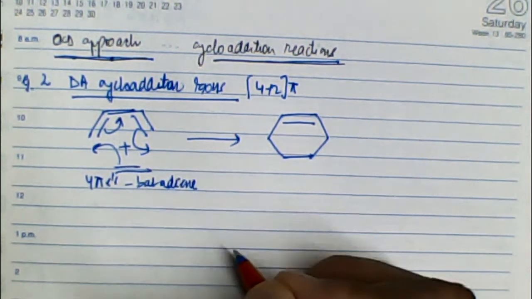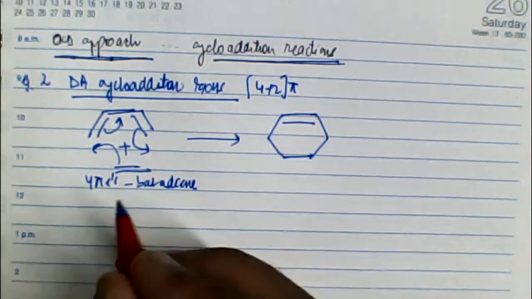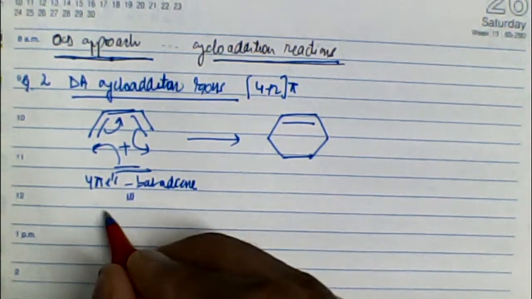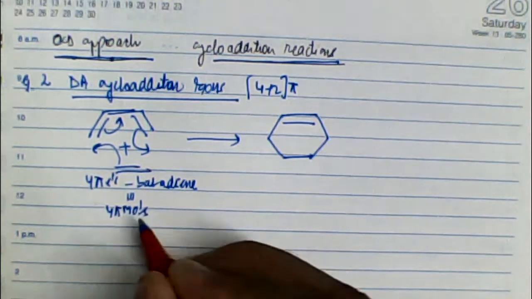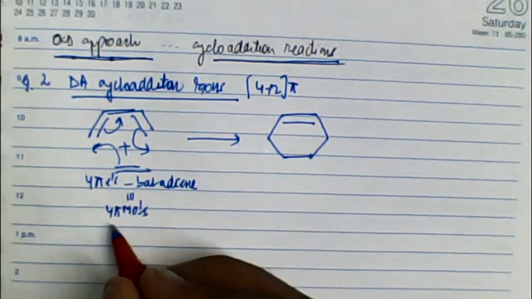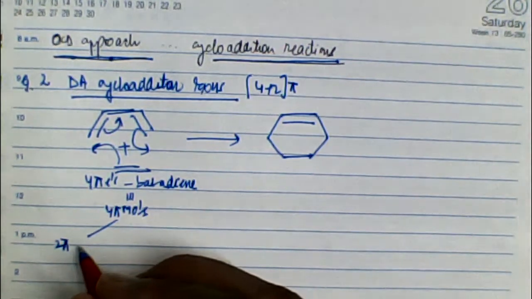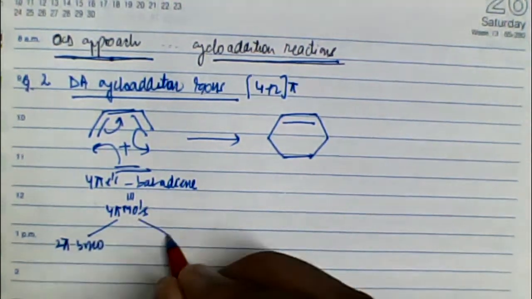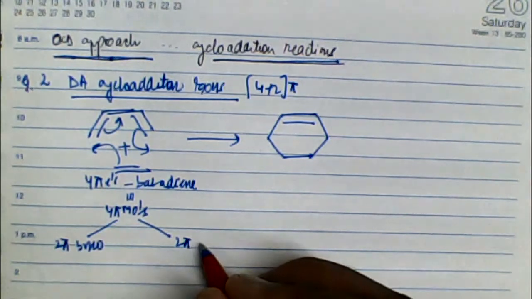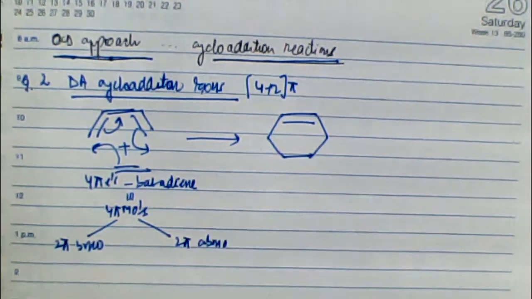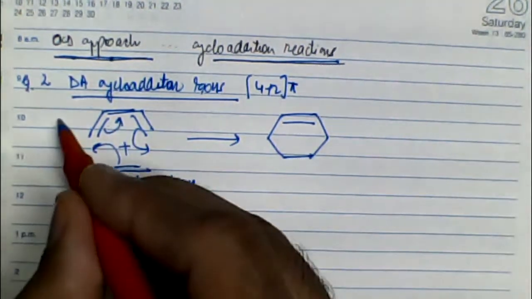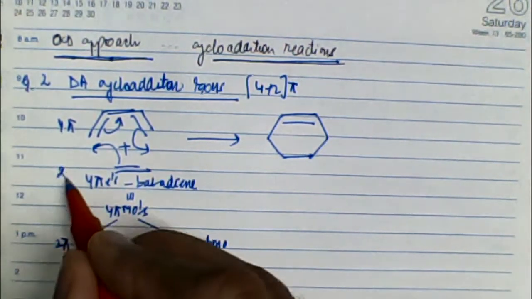Right. This is the reactant part: butadiene has 4 pi electrons. That means in the reactant, 4 pi molecular orbitals would be coming from butadiene, out of which 2 pi from butadiene would be bonding and 2 pi from butadiene would be anti-bonding molecular orbitals. So 4 electrons come from butadiene in the reactant and 2 electrons come from ethene.